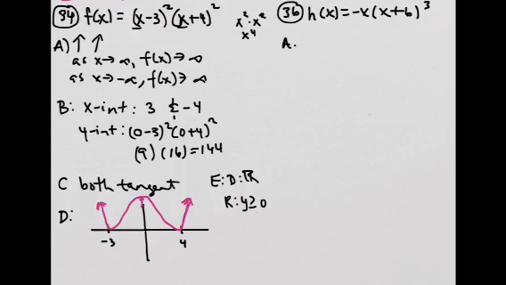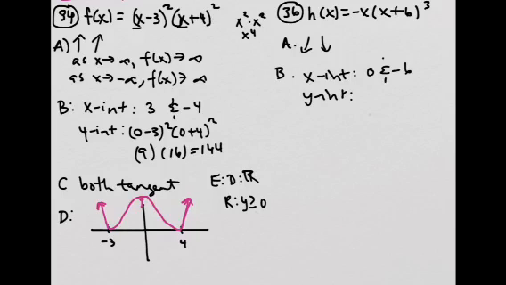So 36 is negative x to the fourth because I've got an x cubed right here and then an x, so it's negative x to the fourth, so this one's coming down, down. Okay, so it would be just like this one, except they would both be negative infinities. For B, x-intercepts are 0 and negative 6.